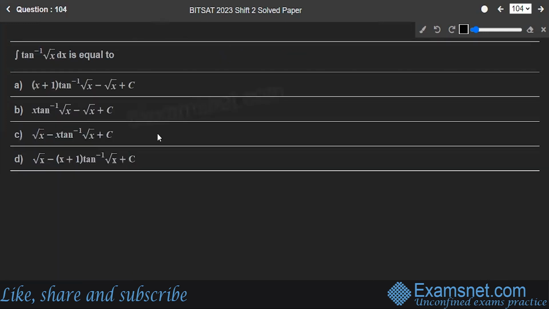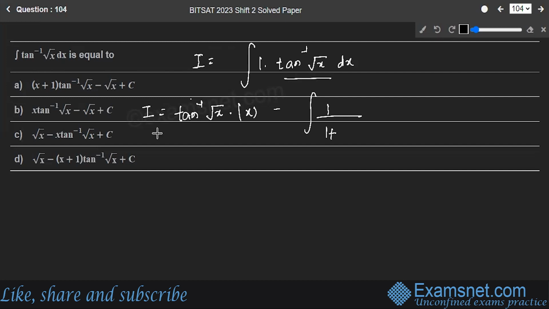Hope you got that. Next is question number 104. Find the integral of tangent inverse root x. I can write it as 1 into tangent inverse root x dx. By using integration by parts, I is equal to tangent inverse root x into the integral of 1, which is x, minus the integral of the derivative of tangent inverse root x, which is 1 upon (1 plus x) multiplied by the derivative of root x, into x dx.